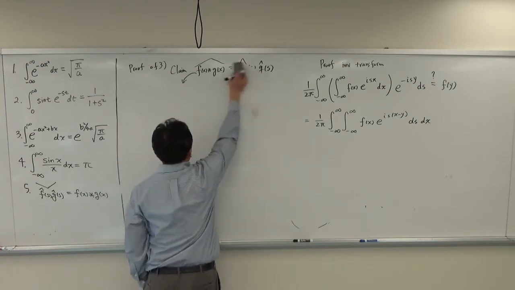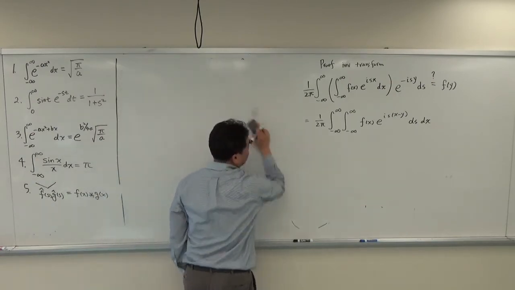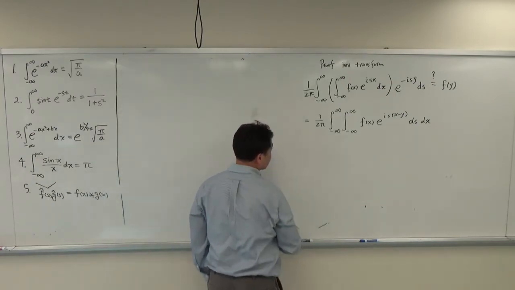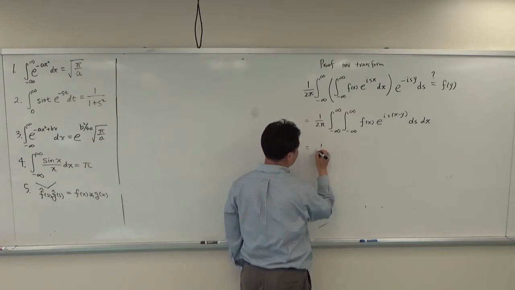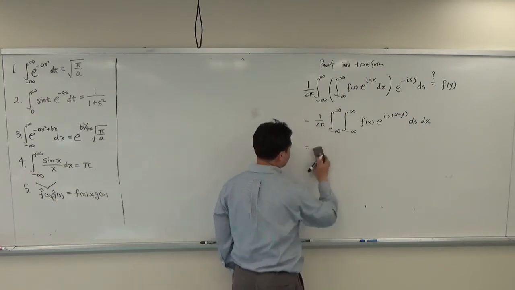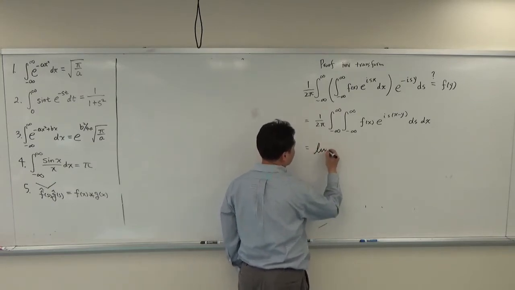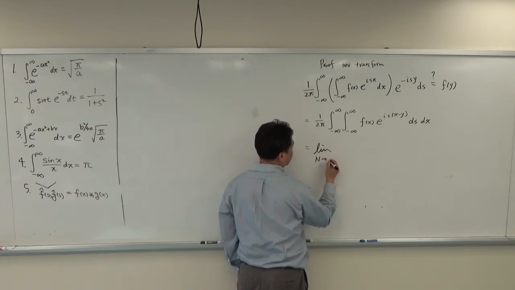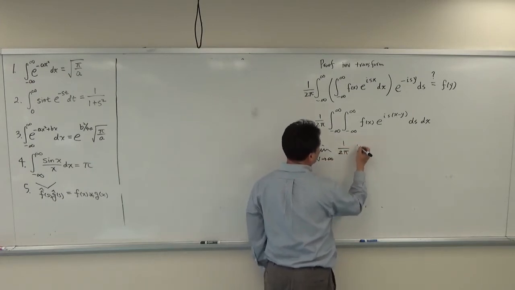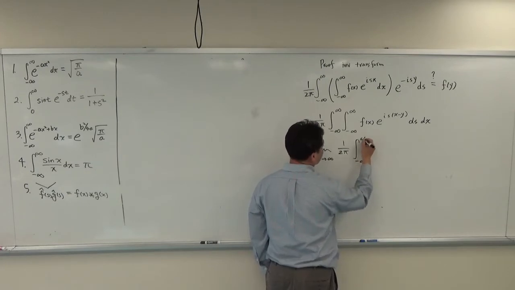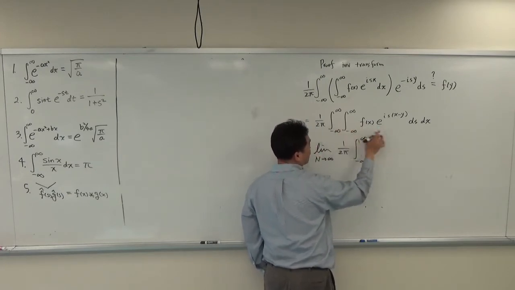And then for the inside, I'm going to change that as a limit so that it's something that you can do. So I'm going to change that as a limit, n goes to infinity, of 1 over 2 pi, integral from negative infinity to infinity. I'm going to bring f(x) outside because it's independent.